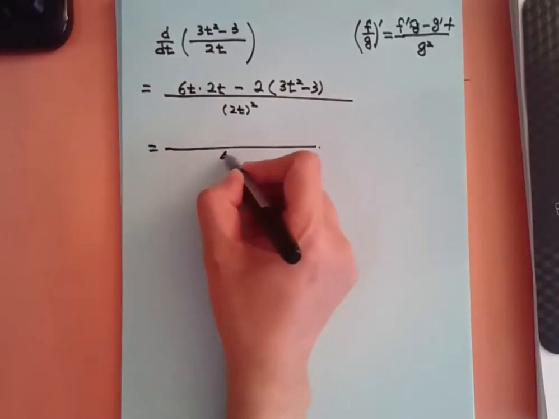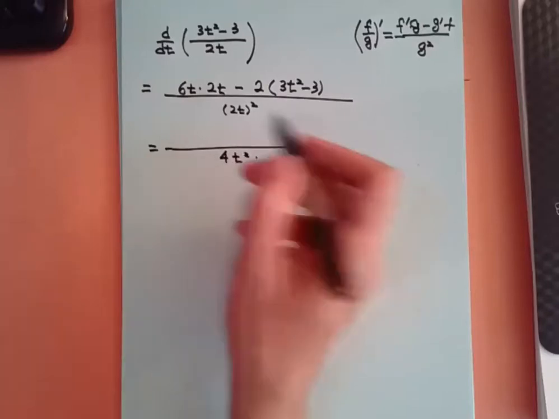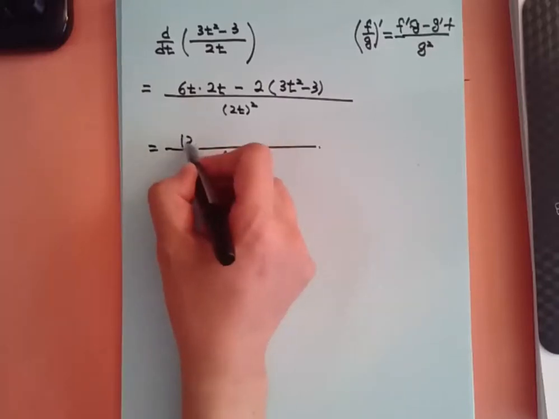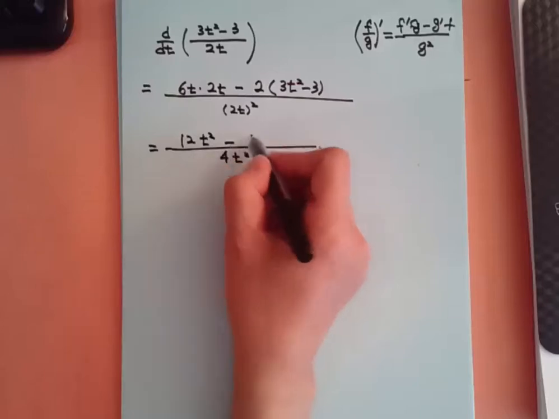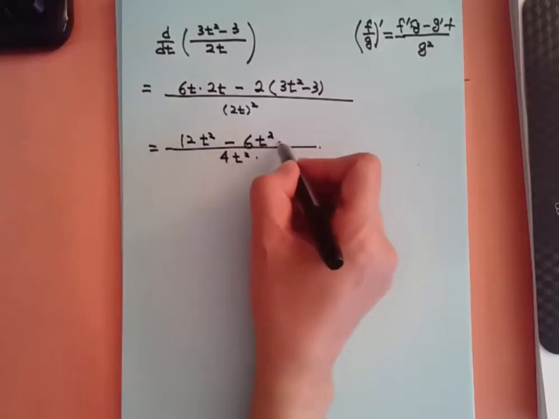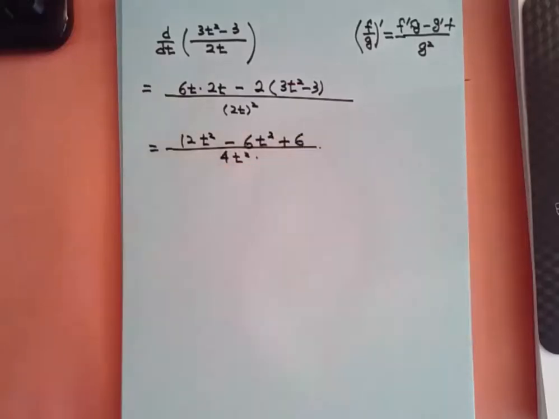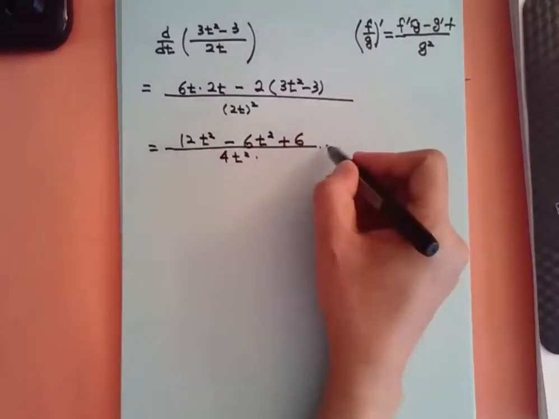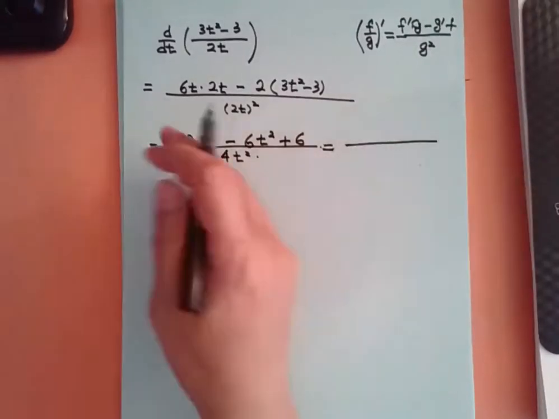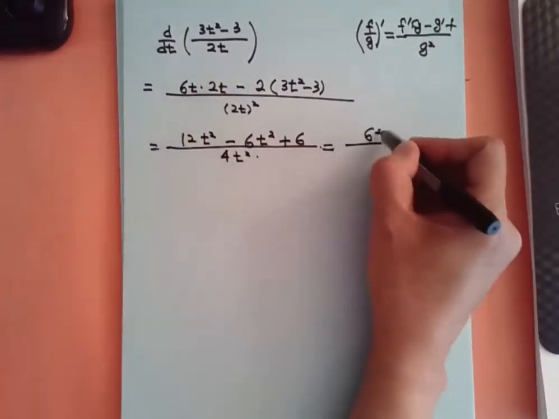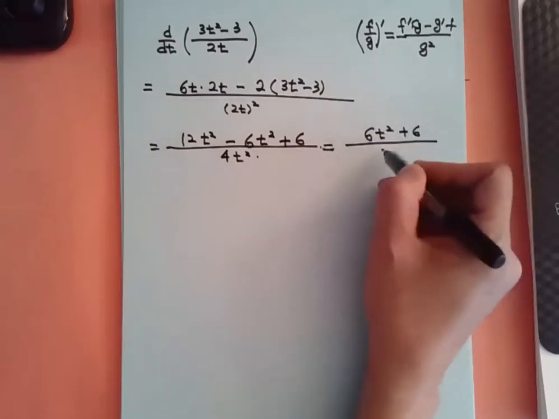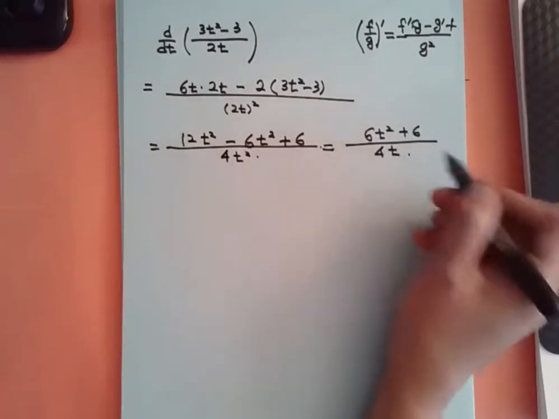So the denominator is 4t squared and the numerator is 12t squared minus 6t squared plus 6. So 12 minus 6 is 6t squared plus 6, over 4t squared.